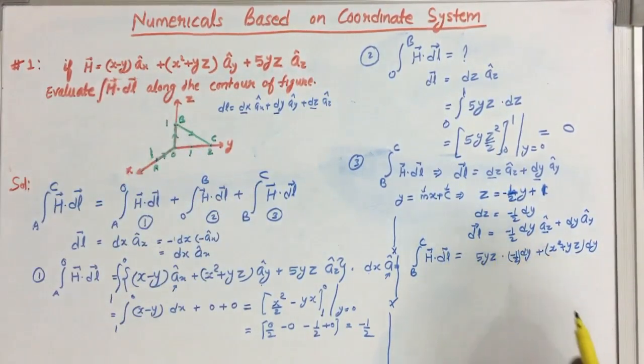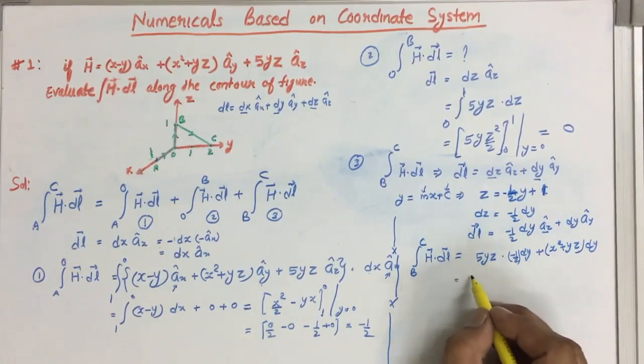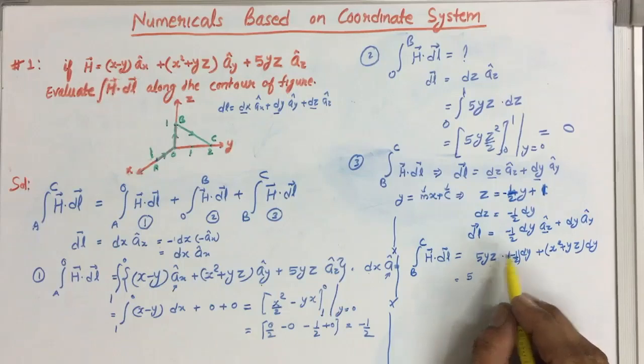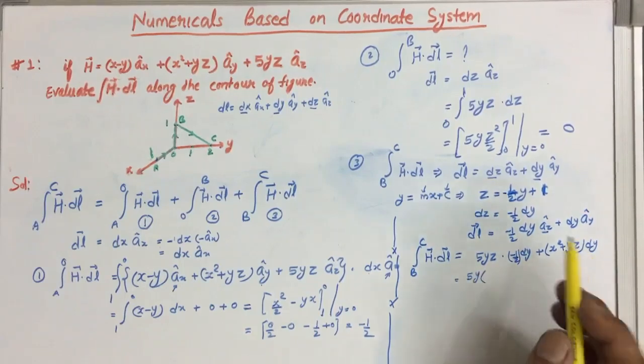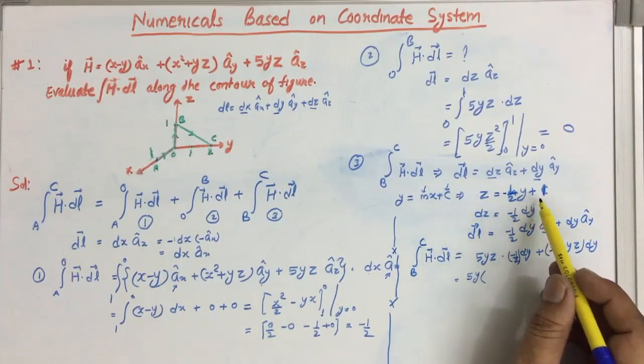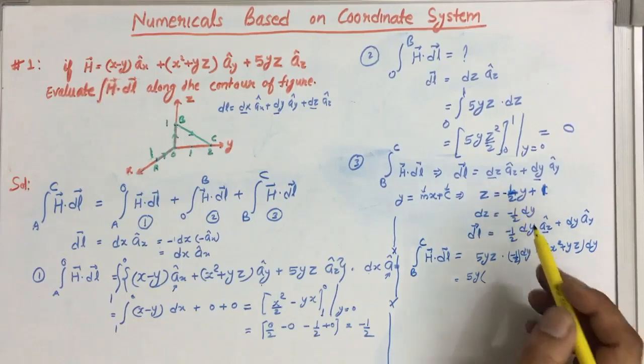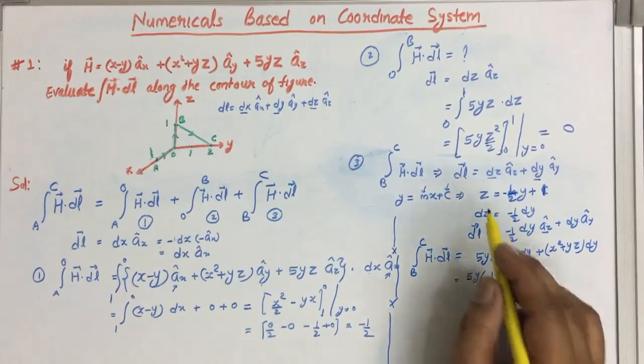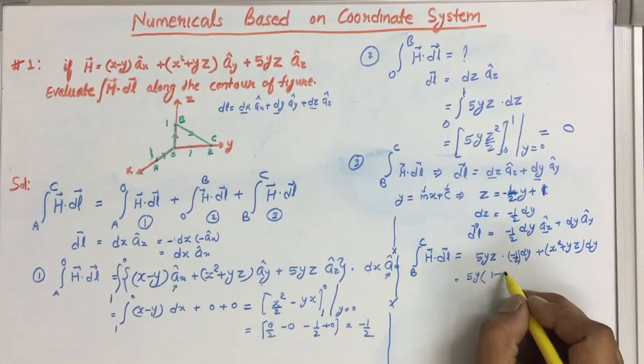Okay. Now z can be written in terms of y, because y is changing. z will be 1 minus y by 2.